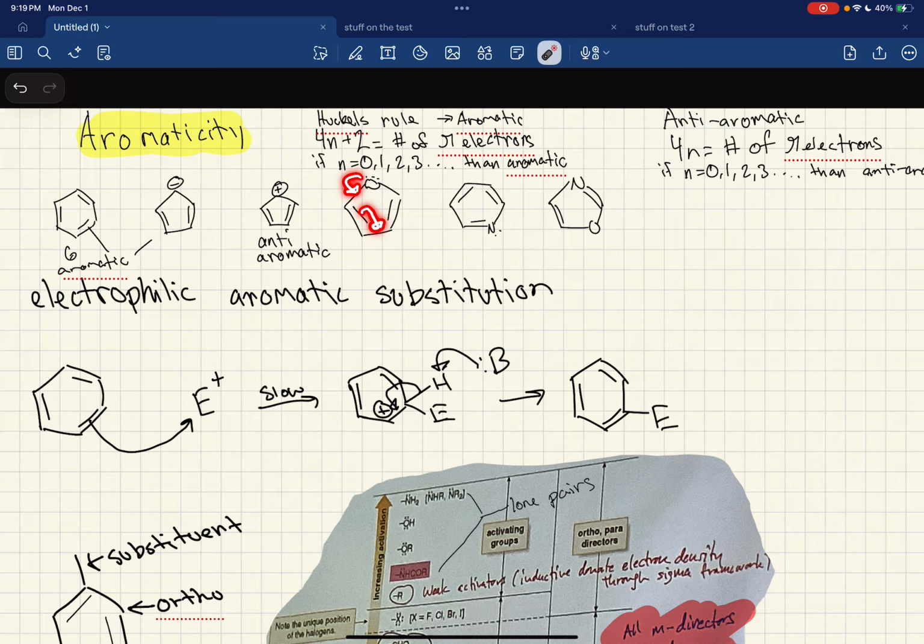So if they're resonating like this, that means that this has to be sp2 hybridized. So then that extra pair of electrons will be in a p orbital, or they'll be in a pi orbital. Yeah, I think that's right. So then you can count 2 of these, 1, 2, 3, 4, 5, 6. So this is 6.